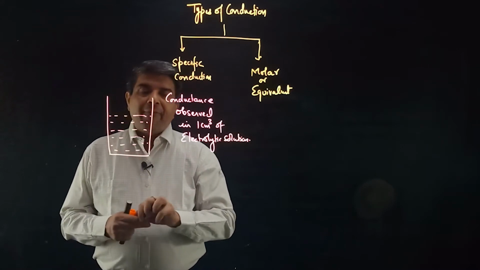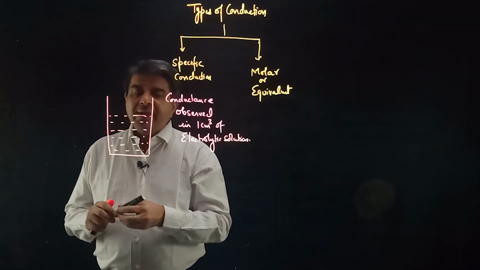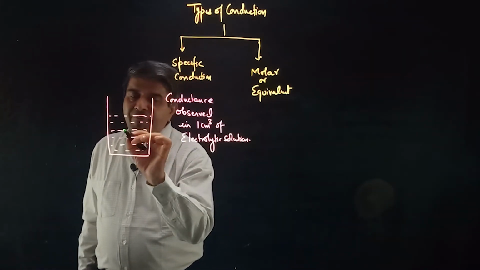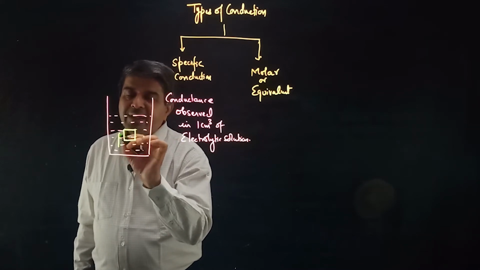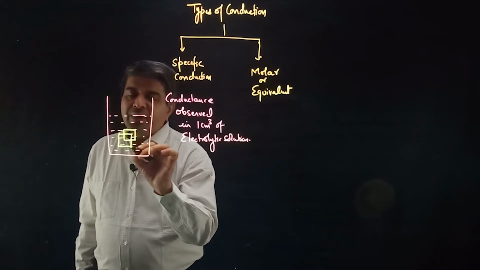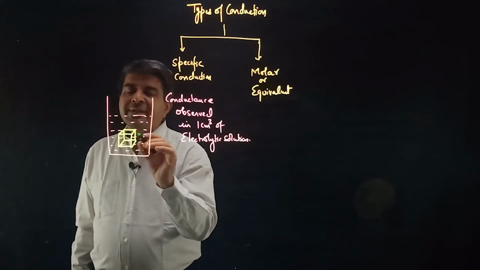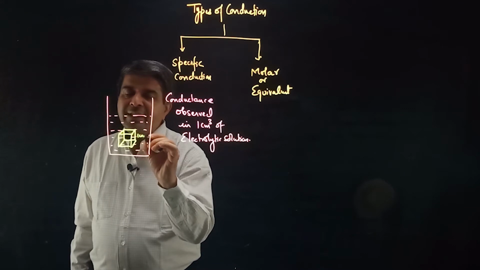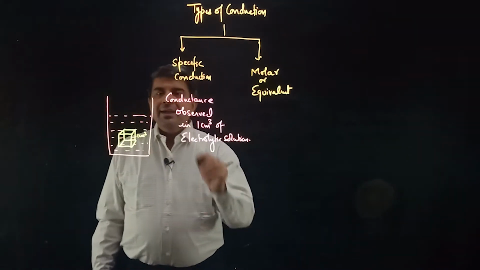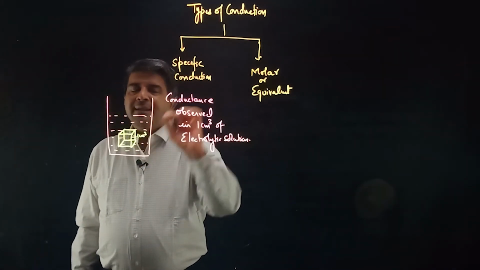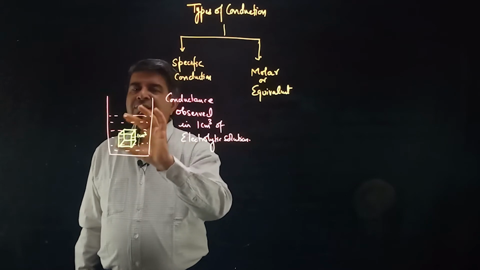Now, if I am observing the specific conductance for this solution, then say this is 1 centimeter cube of the solution. So the conductance of the ions or the charged particles that are present in this 1 centimeter cube of solution would be characterized as the specific conduction for this solution.